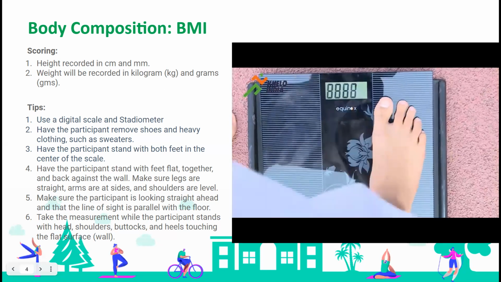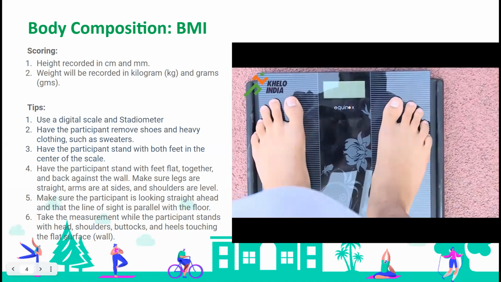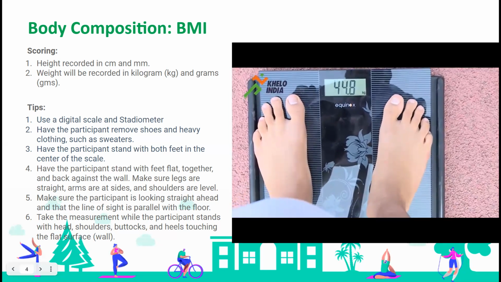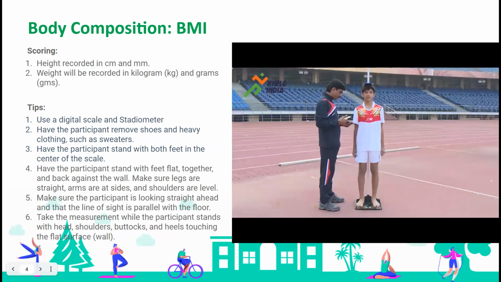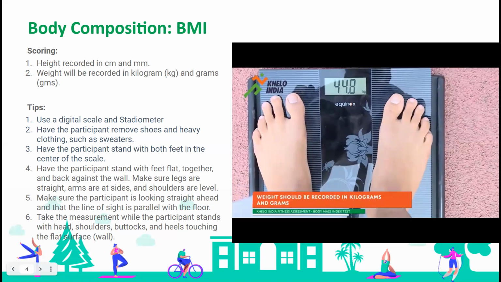To measure the weight accurately, a digital scale should be used. The scale should be placed on firm flooring rather than a carpeted floor. The participant should remove shoes and heavy clothing. The participant should stand with both feet in the center of the scale. The weight should be recorded in kilogram and gram to the nearest decimal.